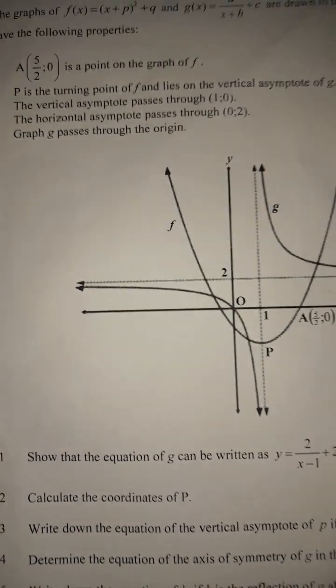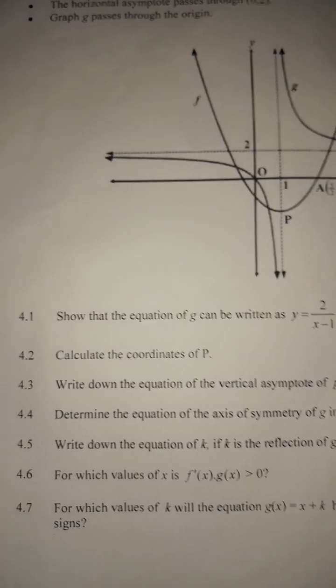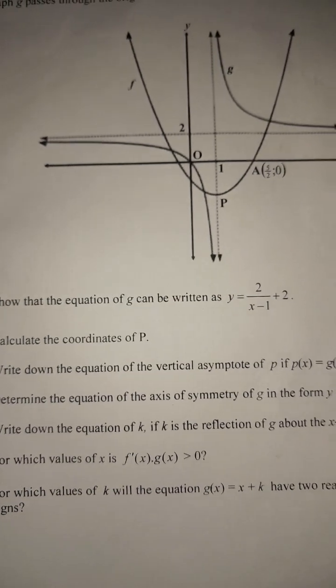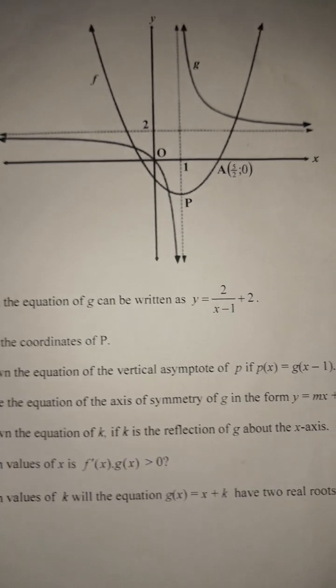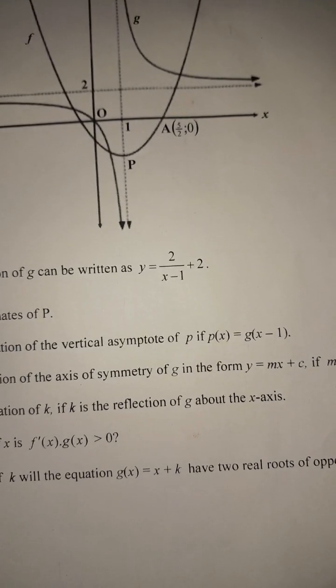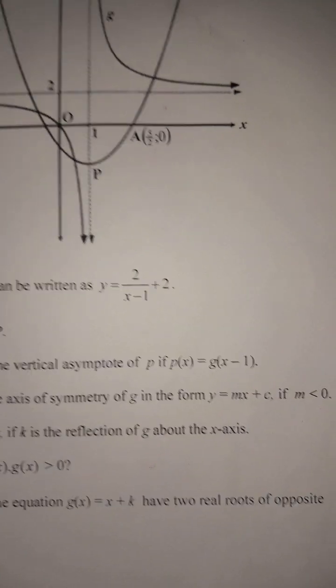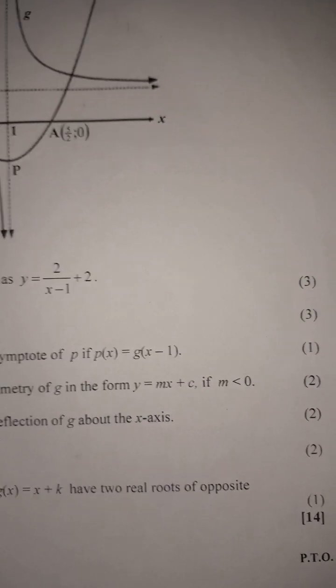So the first part, guys, at 4.1, we are required to show that the equation of g can be written as y is equals to 2 divided by (x minus 1) plus 2, which is 3 marks, right? Okay, let's put that into practice.